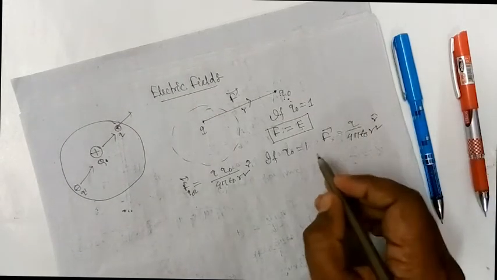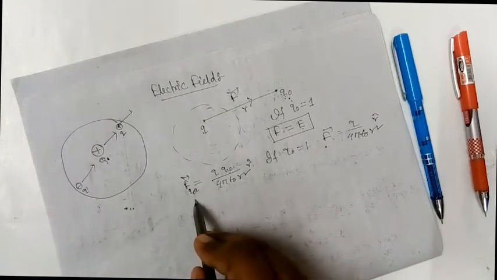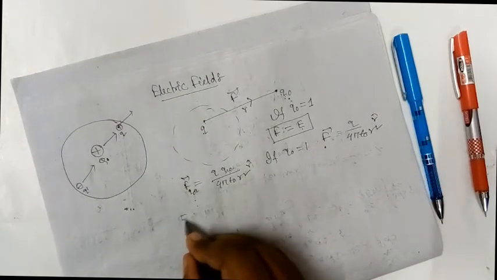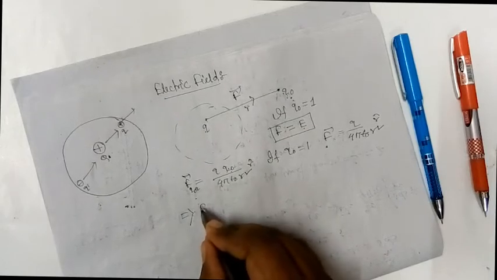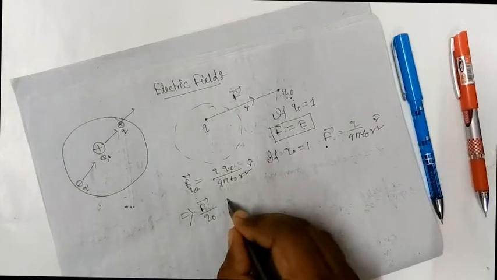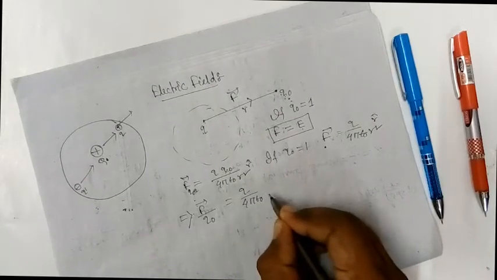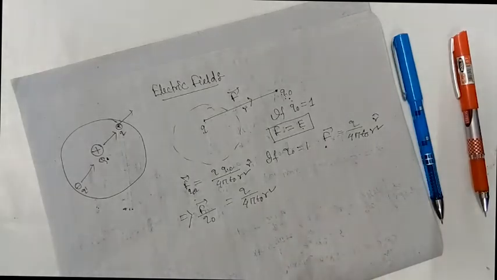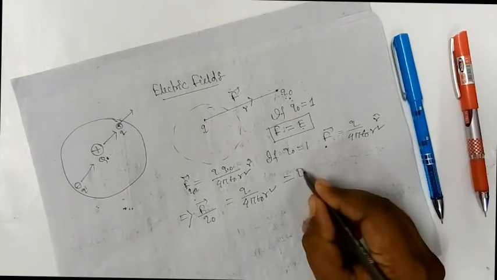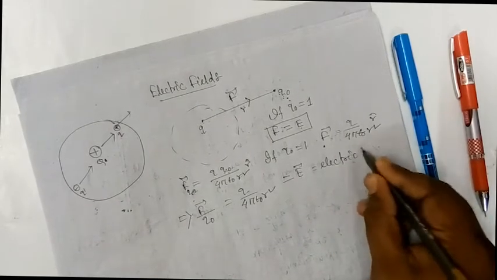A similar thing we get if I divide by Q naught here also: F vector by Q naught is Q by 4 pi epsilon naught r square. This one is known as E, or electric field.